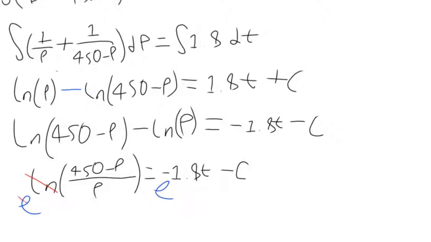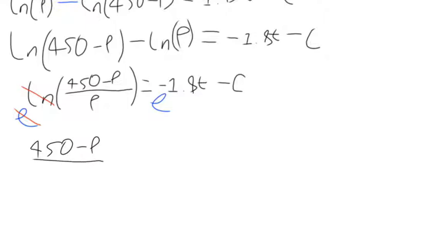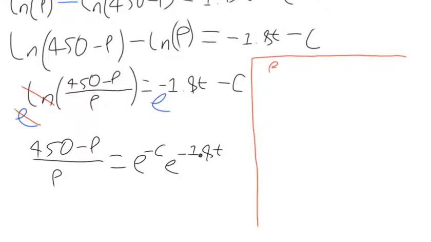And now I can exponentiate both sides, so I will just put down the e's right here. And here these will cancel out. And I'll be left with 450 minus p over p equals, I'm going to write this down as e to the negative c times e to the negative 1.8t. Let me make sure we have a decimal point right here. And now I can use my initial condition, which, if you recall, was p of 0 equals 75.